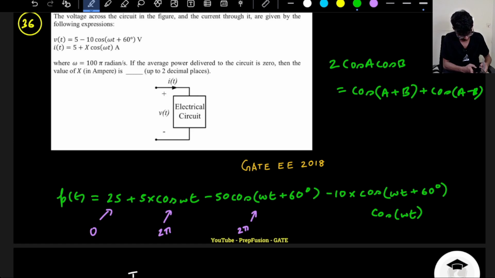Yes, it is correct: cos A cos B is cos of A plus B plus cos of A minus B. So you can break it down.